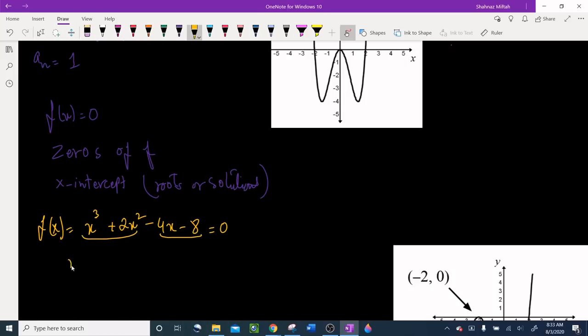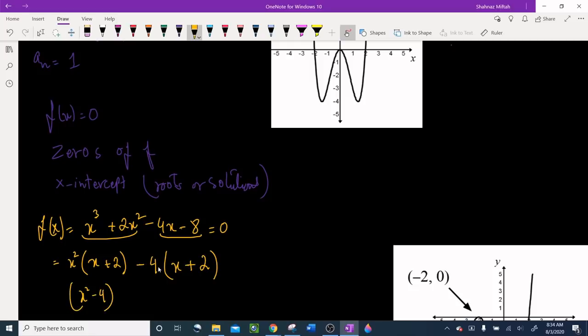For this one, x squared is my common factor, so it's going to say x plus 2 minus, in this case 4 is my common factor, so x is going to stay inside and this one is going to be positive 2, because negative times positive will give me negative. So these x plus 2 and x plus 2 are exactly the same, so we can say it's going to give me x squared minus 4.